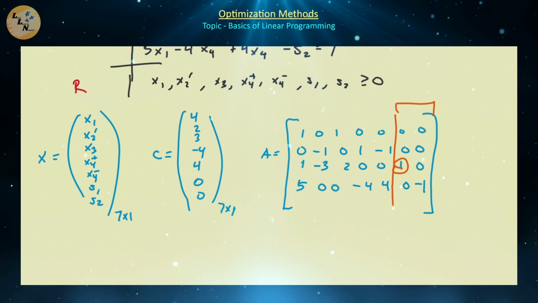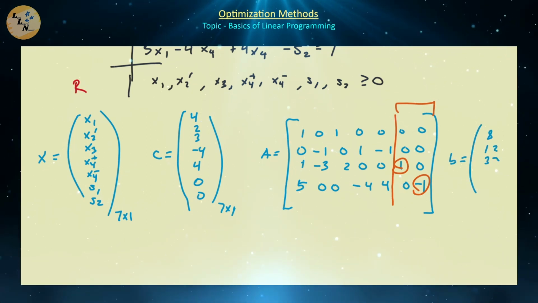Well, that 1 corresponded to our slack variable because we needed to add something to it, and that minus 1 corresponds to that surplus variable because we had to take away some things to make it greater than or equal to into equal to. So there's just some conceptual things that you should be able to see from the matrix form. And lastly, our vector b is going to be equal to 8, 12, 37, and 4, right? So all of those things together will generate our standard form for our linear program.